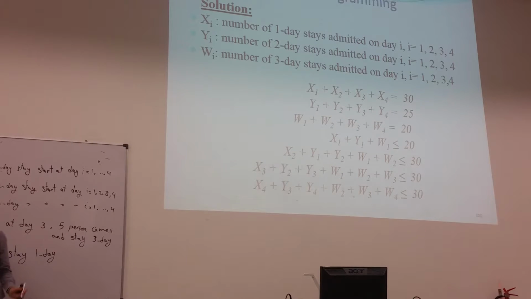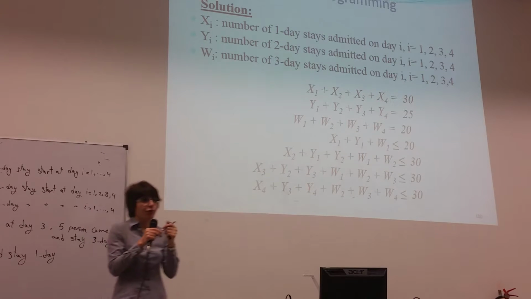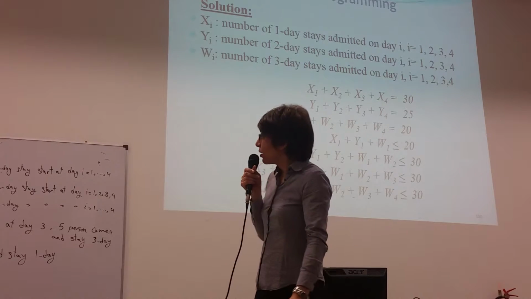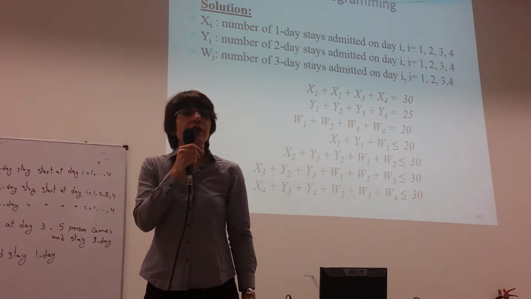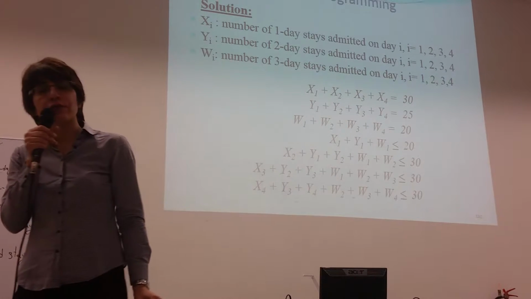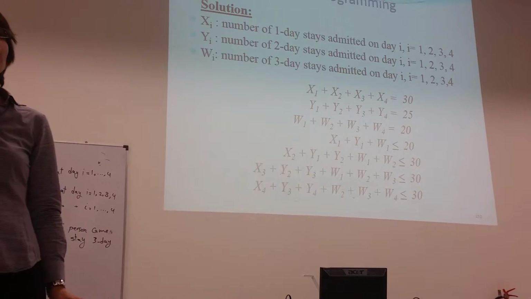This means minimize G1, G2, G3, and G4. G1 is the goal of reaching the available beds for day 1, G2 for day 2, G3 for day 3, and G4 for day 4.